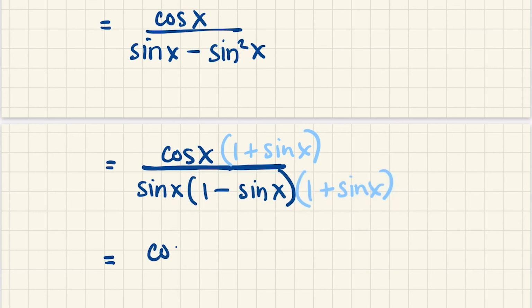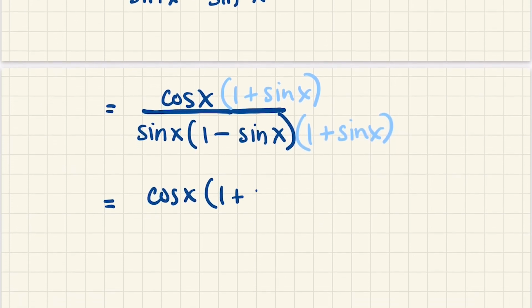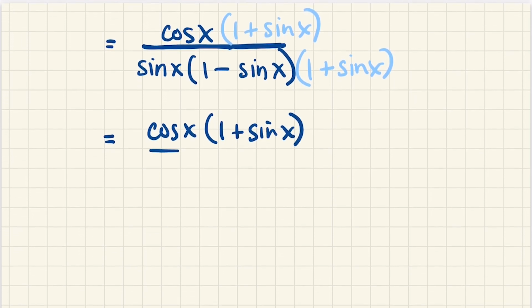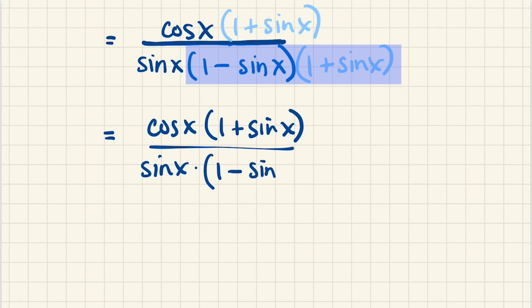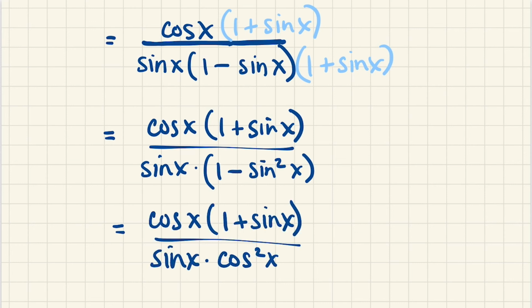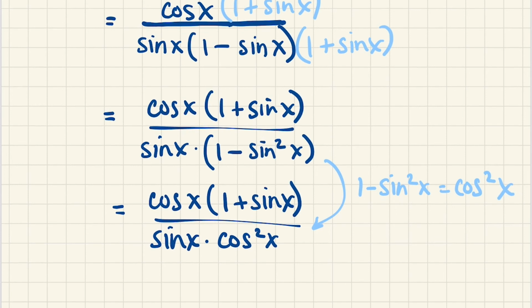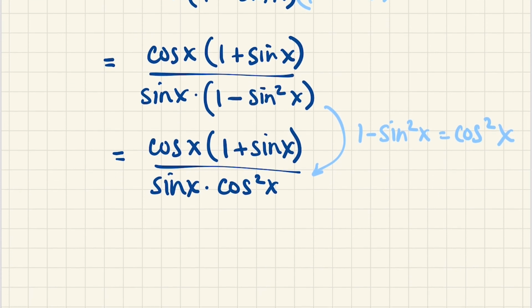So what we have is cosine of x times 1 plus sine of x, over sine of x times, if we FOIL out this difference of squares, we're going to get 1 minus sine squared of x. All right, well that's cosine squared of x. 1 minus sine squared is cosine squared.